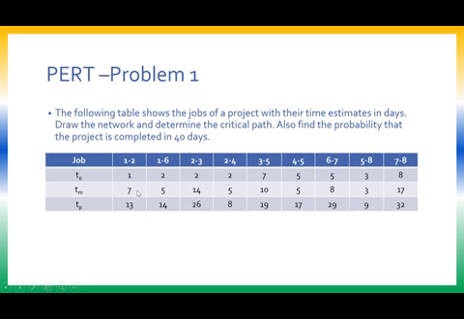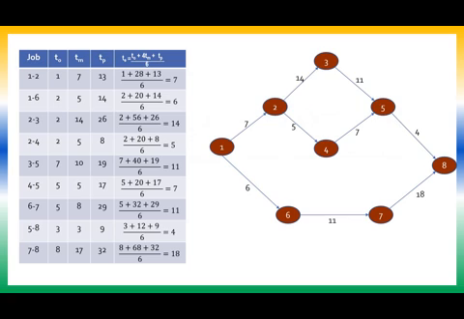And similarly, most likely time should be either equal to or more than optimistic time. It should never be less. So you will have to look at all the data. Once the data is correct, you can go ahead and compute the expected time. TE is equal to (TO plus 4TM plus TP) by 6. So this computation you can do.